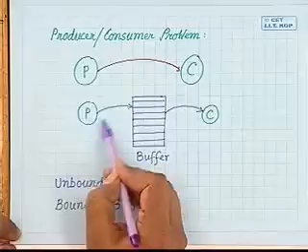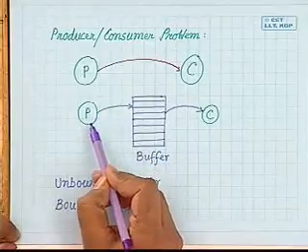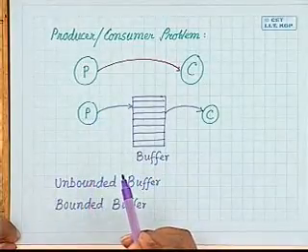So if the producer produces an item, there is no space in the buffer for that item to be placed. That means the producer has to wait until some item is consumed from the buffer by the consumer, and that location in the buffer is left free where the new item can be put by the producer. So that is the waiting that has to be done on the part of the producer.